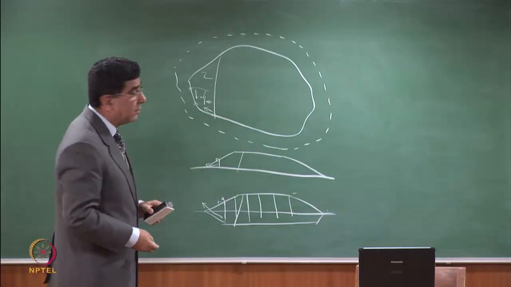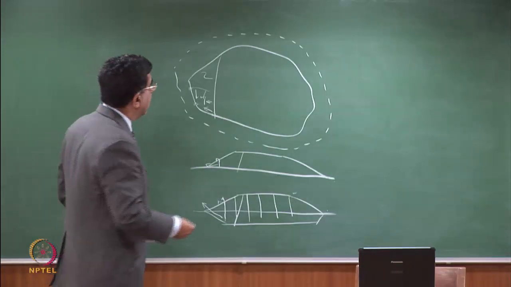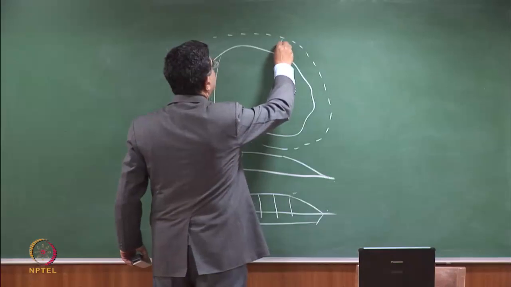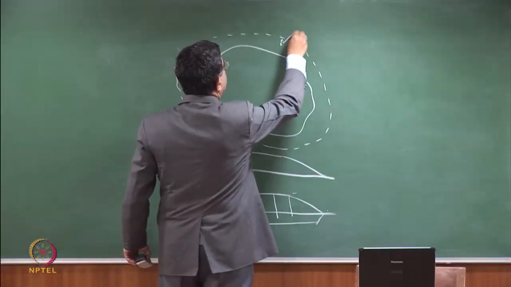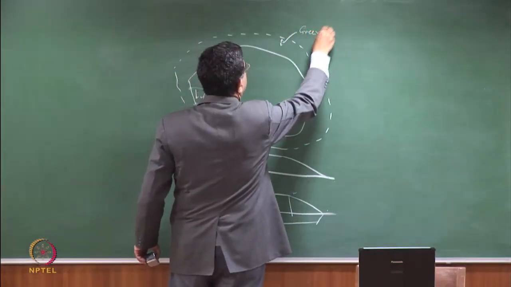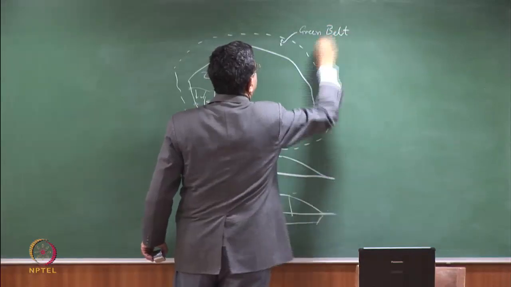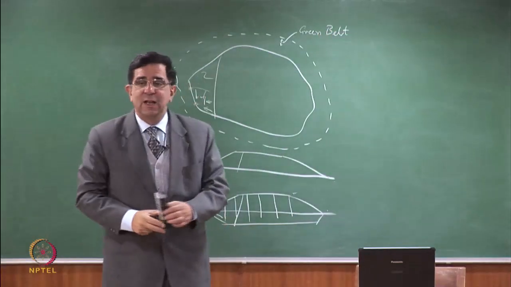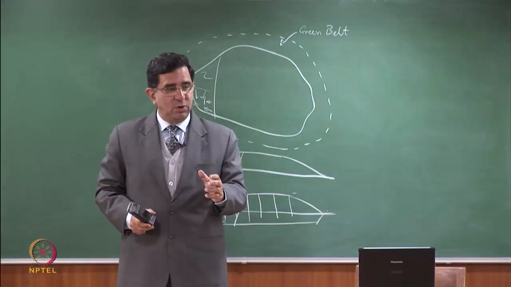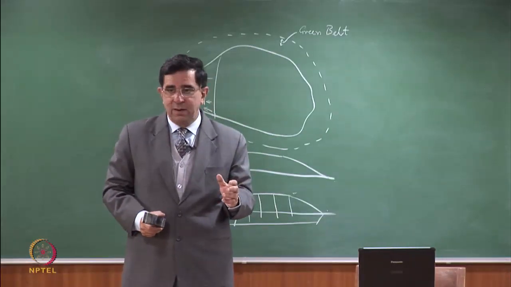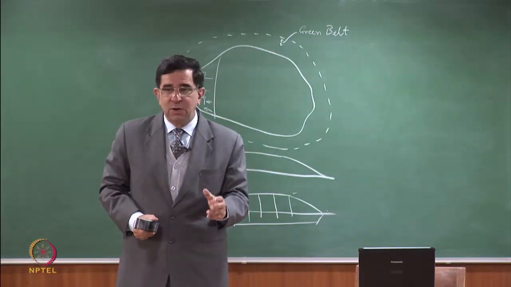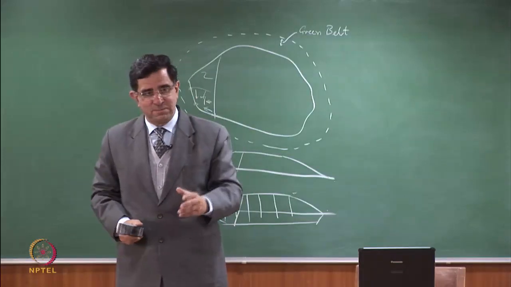So if I have a fence, then normally there will be a requirement of a green belt. You don't want to see the landfill. So if you have a 15-meter high landfill, you would like to have tall trees.